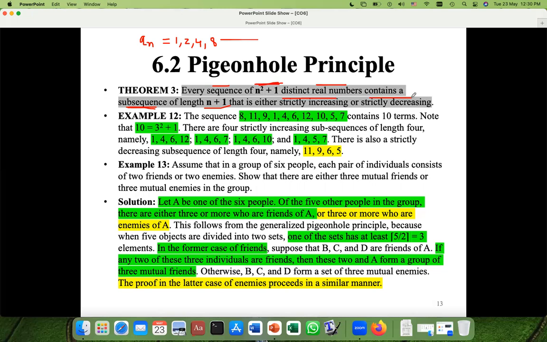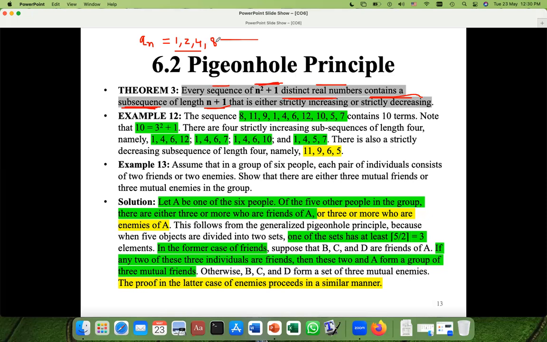Increasing means the elements are in increasing order, for example 1, 2, 4.